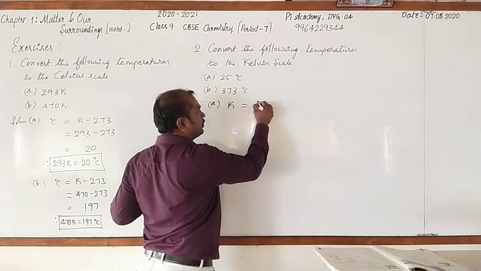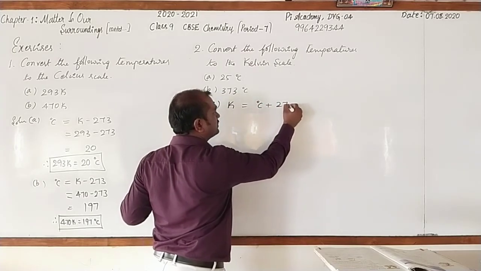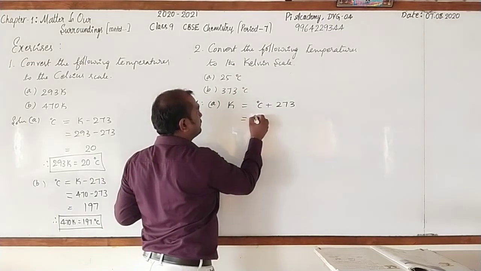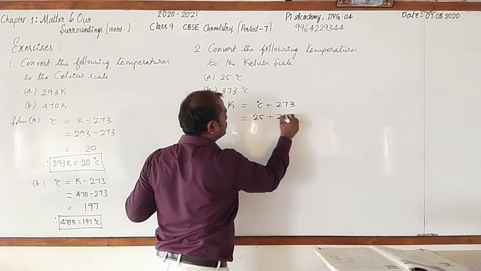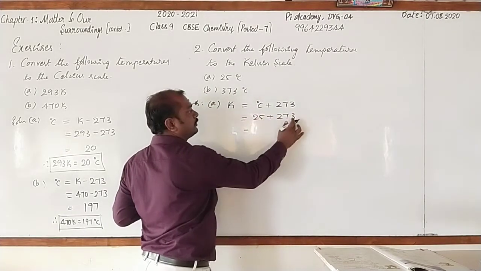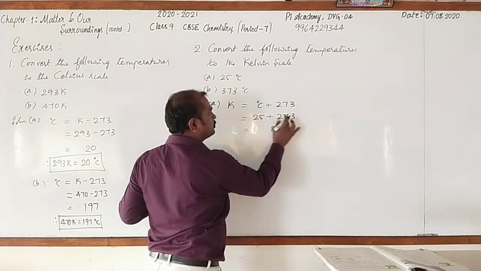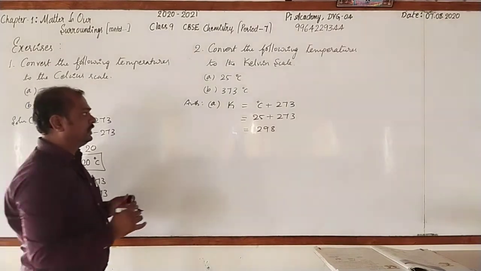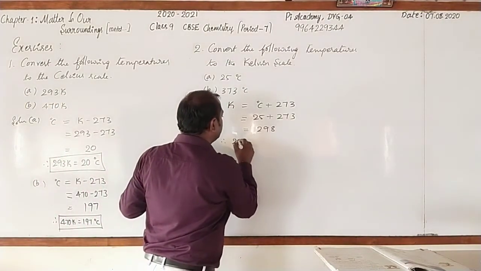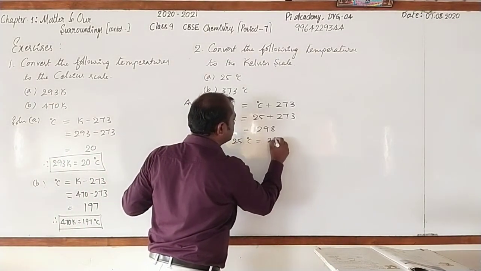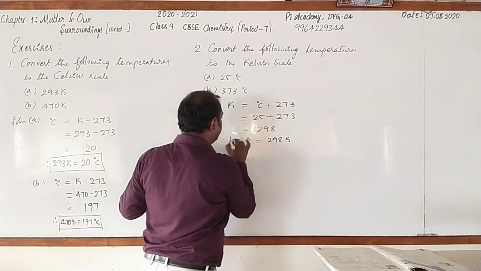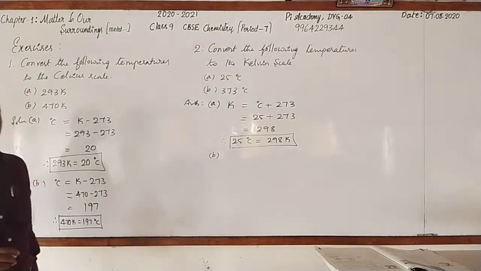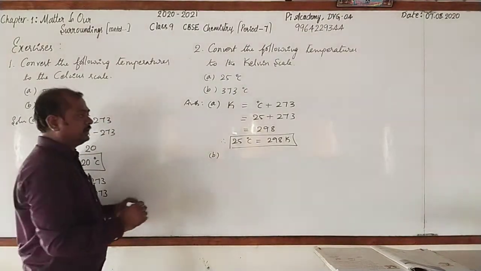So, Kelvin is equal to degree Celsius plus 273. Celsius scale temperature is 25 plus 273, which is 5 plus 3 is 8, 2 plus 7 is 9, it is 298. Hence we can write the conclusion as 25 degrees Celsius is equal to 298 Kelvin. Got it?